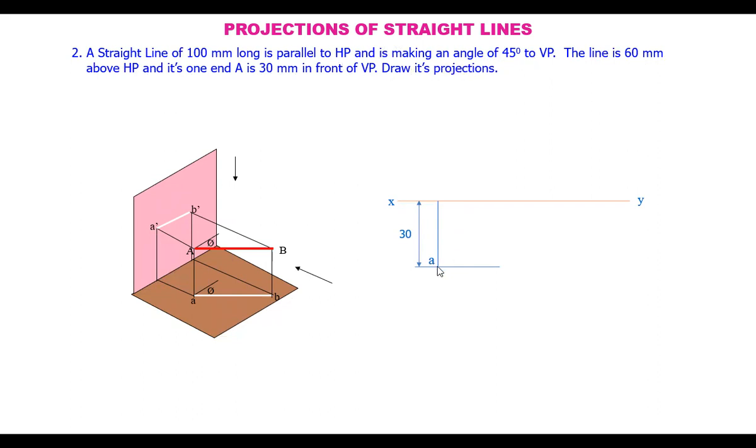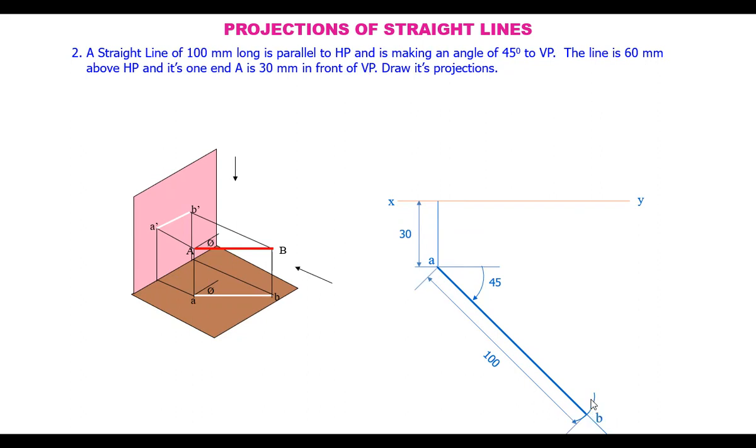So from A, you draw a line here at a 45 degrees angle. On this, we mark the actual length, let's say 100 mm long. So 100 mm distance is marked here from A. This is B, right? So AB is 100 mm, and highlight this and show the dimension.